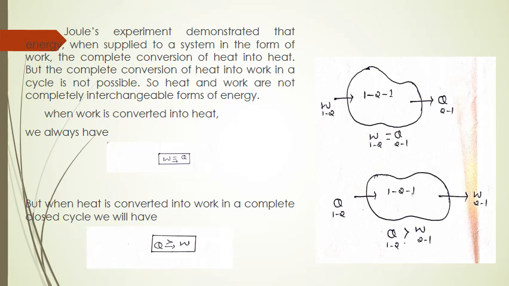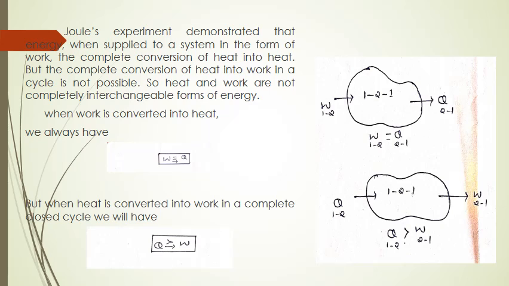Joule's experiment demonstrated that when energy is supplied to a system in the form of work, the complete conversion of work into heat is possible. But the complete conversion of heat into work is not possible in a cycle.